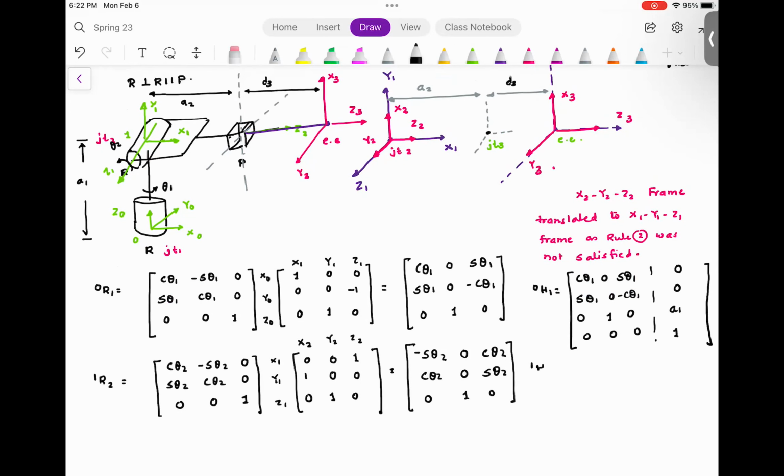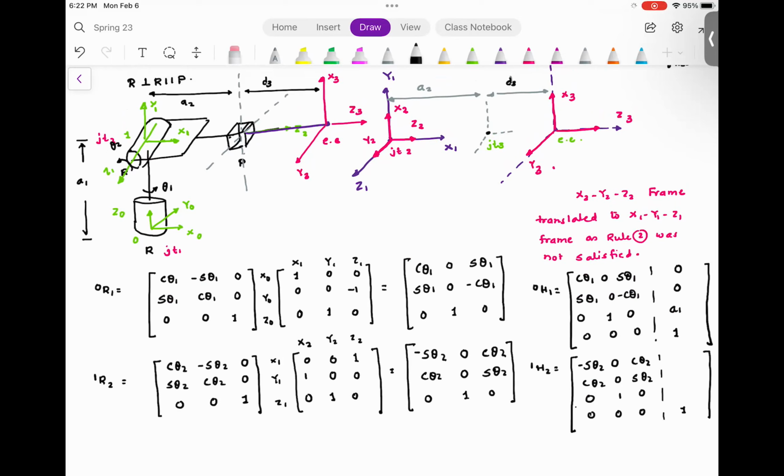So 1h2, so minus sine theta 2, 0, cosine theta 2, cosine theta 2, 0, sine theta 2, 0, 1, 0, 0, 0, 0. I get 1 over here.